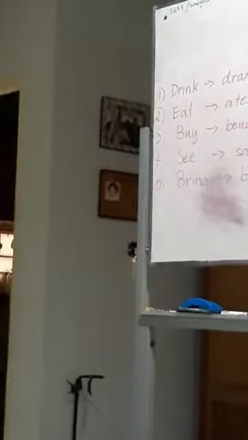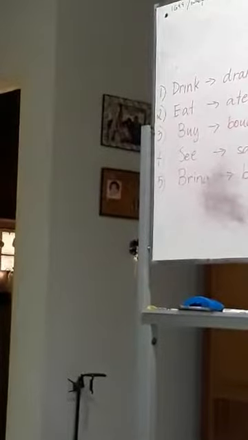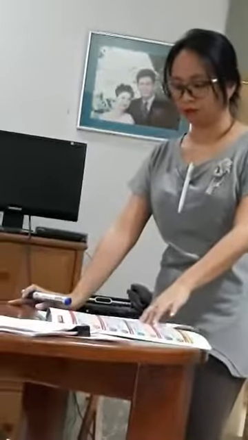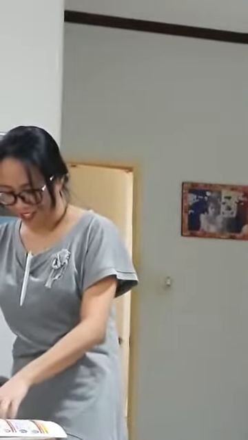Let's see. What is the past tense of do? Have. Okay. Is. Was. Another. Let's see. We already have this.